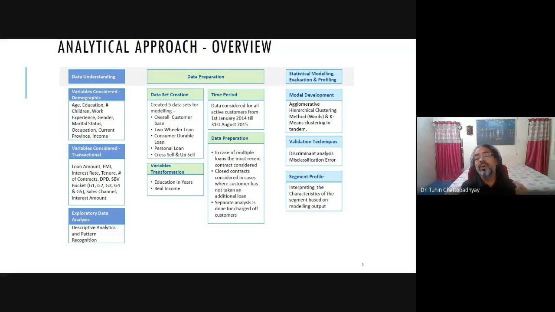First, always try to convert the qualitative into quantitative for a smooth, seamless, high-power analysis. Number two, try to create new variables that are of interest to that industry, to that business problem, through variable transformation. And the third thing is that you have to look beyond what has been given to you.